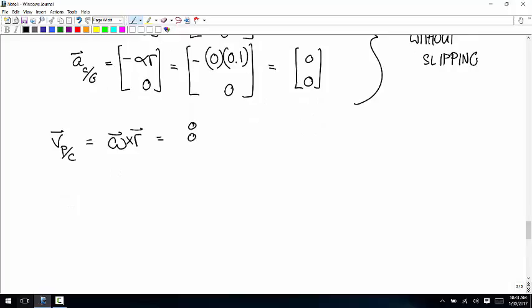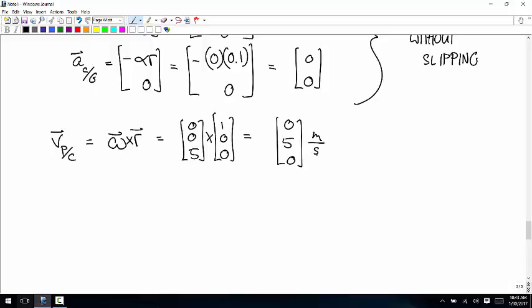So we have 0, 0, 5 crossed with 1, 0, 0. And you get 0, positive 5, 0 meters per second.